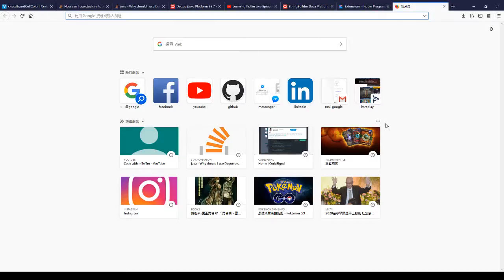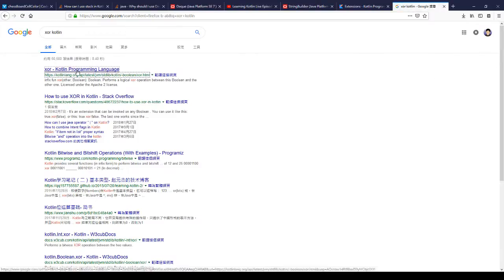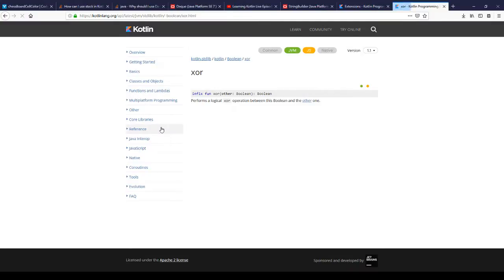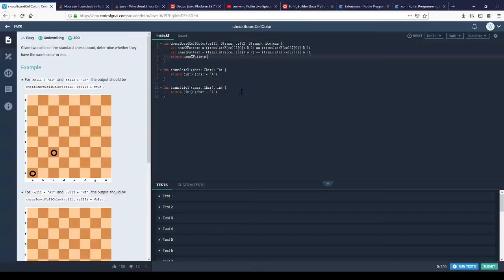XOR, is there an XOR in Kotlin? I hope so, but this is definitely a perfect chance to write an inline. Oh, it is an infix function. I hope this is correct.